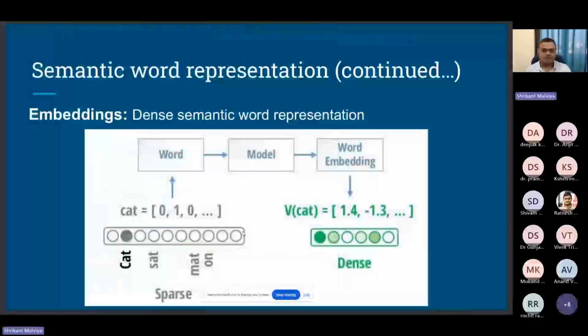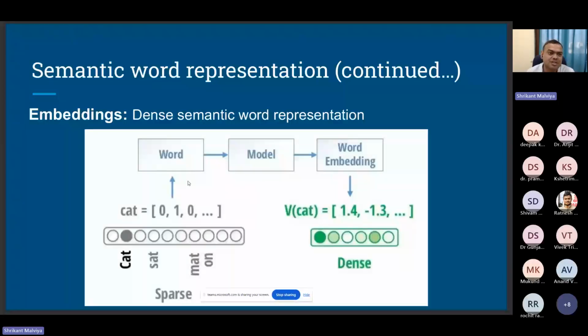Okay, the last two methods were both sparse methods because they are based on sparse matrix generation. We need to find some dense representation. How is it different from the sparse representation? Its objective is to represent a word with a smaller number of dimensions.